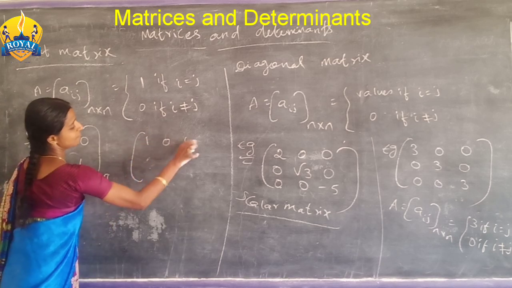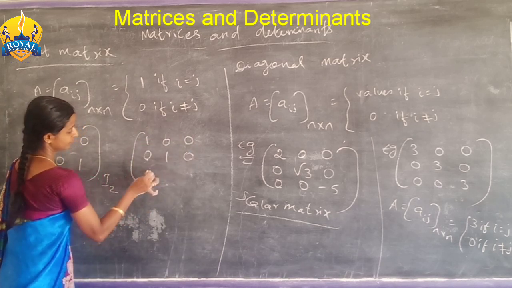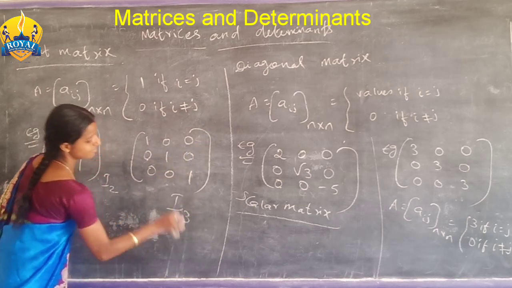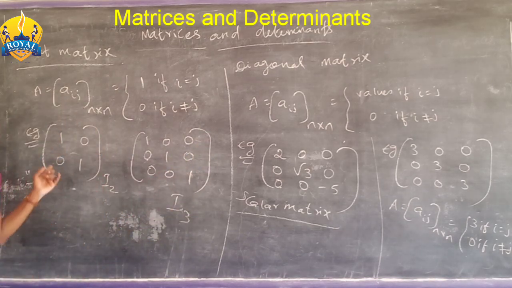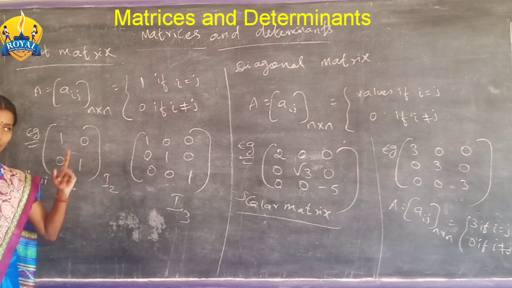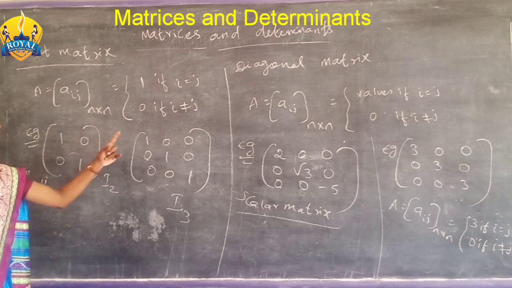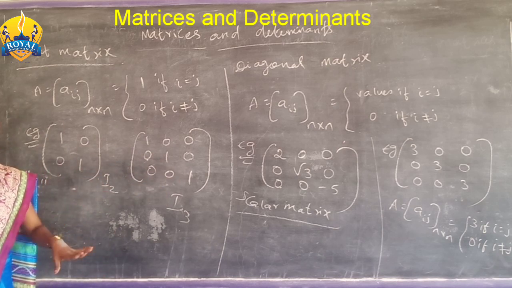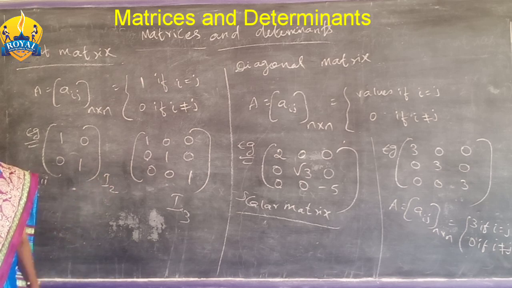Say for example, if I have it like this, this is an identity matrix of order 3, I3. So if all the principal leading diagonal elements, that is A11, A22, A33, are equal to 1 and the rest of the values are 0, that is called a unit matrix.